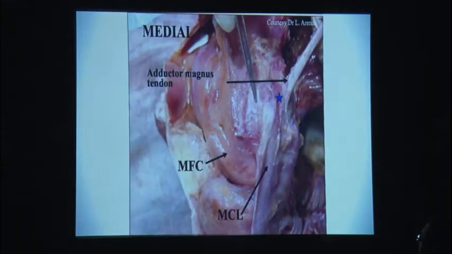That's very important because when you address the MPFL, you have to find the second layer. So when you look at this beautiful description of the medial side, you will see the adductor magnus tendon, the medial epicondyle, the MCL, and the medial ligament.